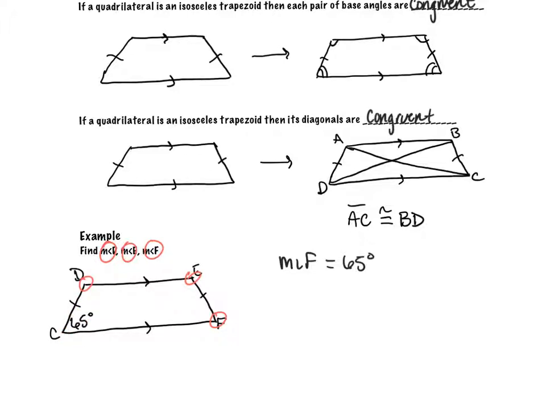I have same side interior angles, and I know they're supplementary, so D and C have to add to 180. The measure of angle D has to be whatever adds to 65 to get me to 180. So 180 minus 65 gives me 115. And because D and E are base angles, E is also 115 degrees, because those two have to be congruent.